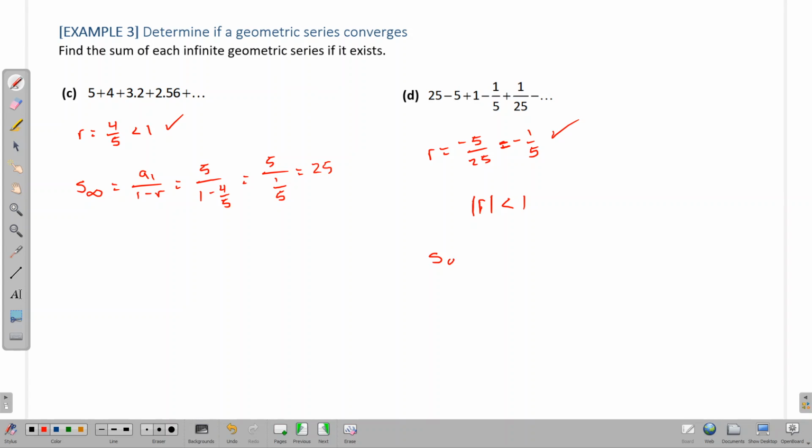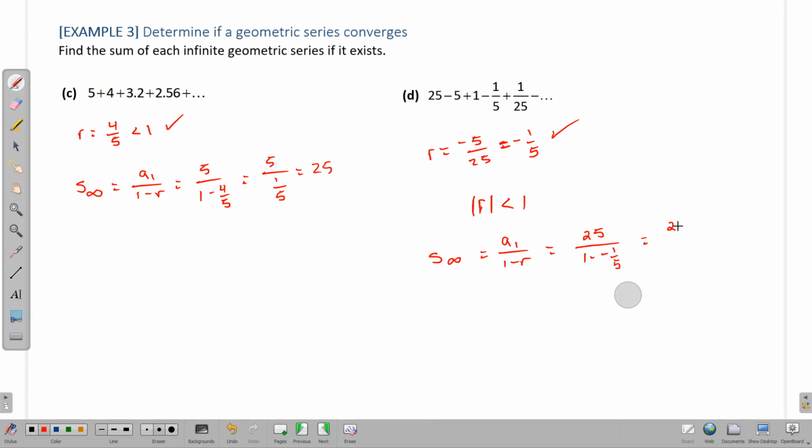So we can do the formula. The infinite sum is a1 over 1 minus r. A1 in this case is 25. And we have 1 minus, be careful with your signs here on this one. This one's going to turn into addition.